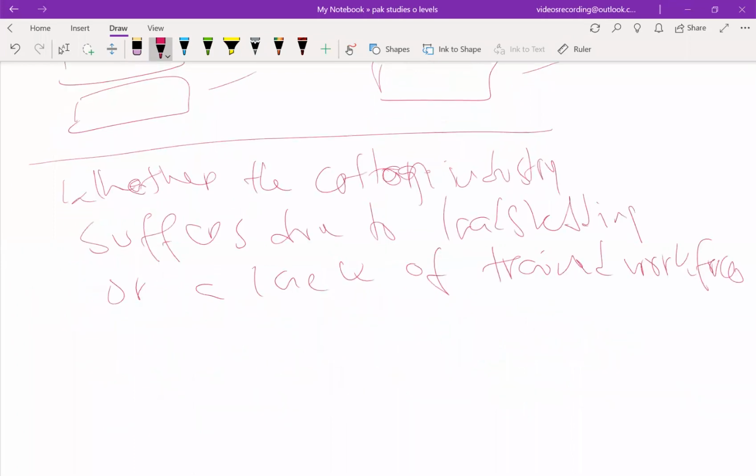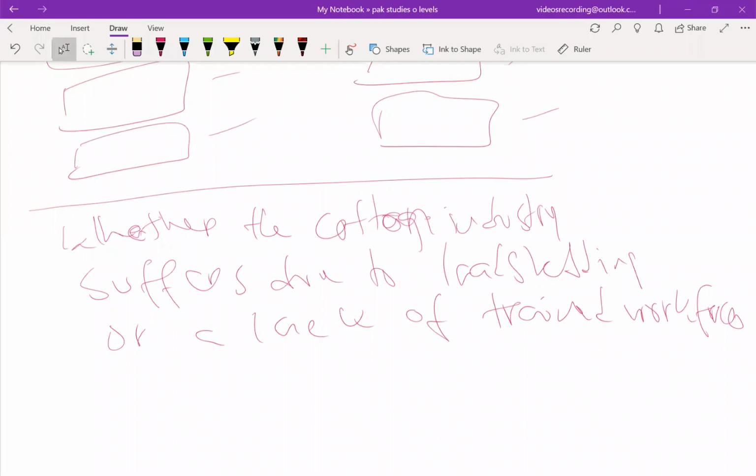Now, you need to understand that the answer lies somewhere in between, that it's a mix of both things: the cotton industry suffers from load shedding as well as lack of trained workforce.